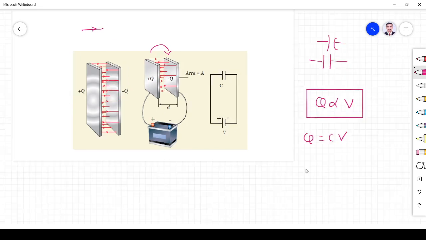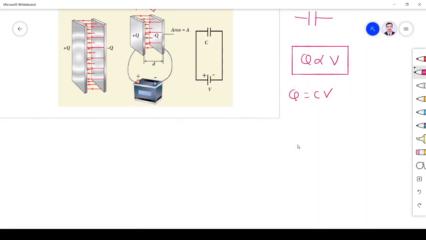Another thing you have to know is that capacitance values will be in microfarad, picofarad, or nanofarad. Micro is 10 power minus 6 farad, nano is 10 power minus 9 farad, and pico is 10 power minus 12 farad.